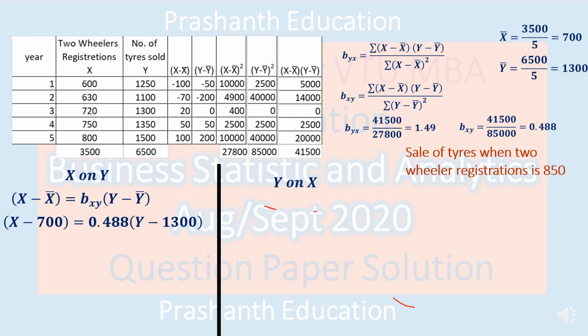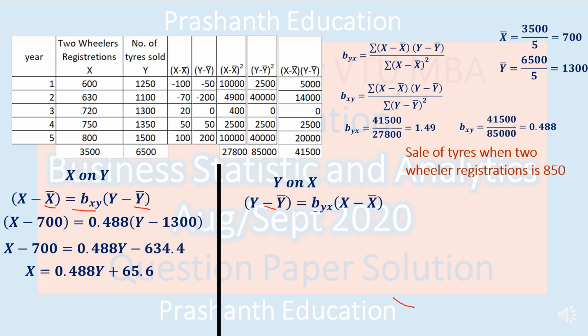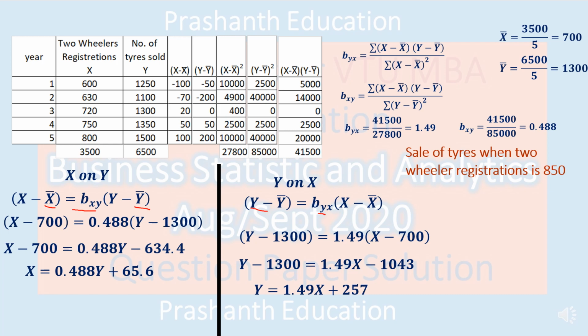I have got the x bar value, bxy, and the y bar value. Substituting this, I will get x is equal to 0.488y plus 65.6. Similarly, for y on x, since y is at first, y will be at the first position. This is how you remember it. Next, if you substitute, your y value will be 1.49x plus 257.